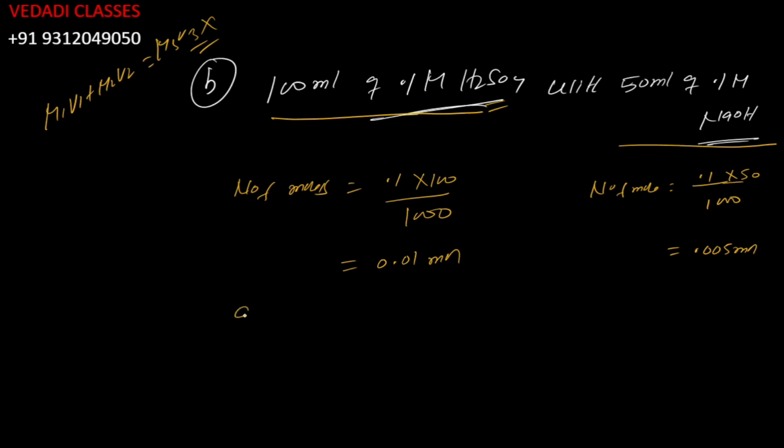When you multiply it by 2, you will get the gram equivalent. This is equal to 0.01 into 2, that is equal to 0.02. Similarly, in this other case, the basicity or acidity is 1 only.